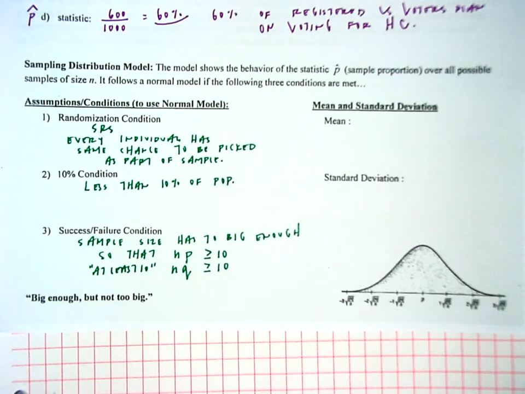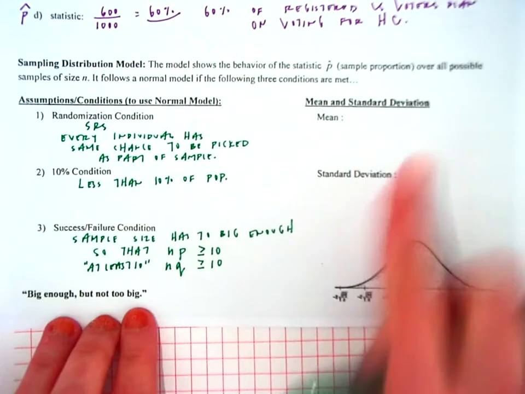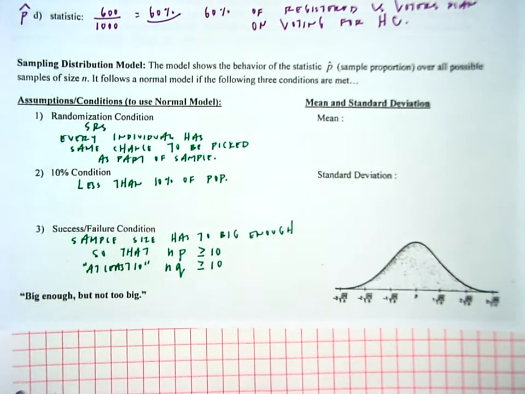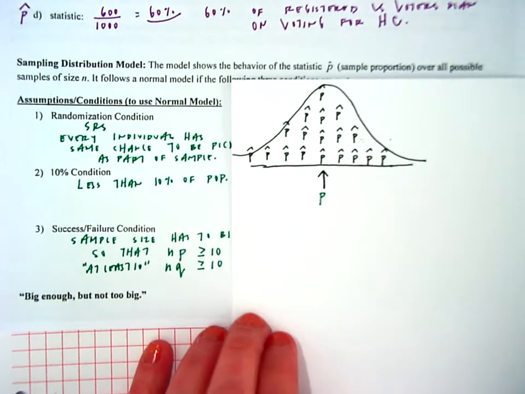All right, so then when we're getting our mean and our standard deviation, let me go back to here. If all these conditions are met, and I'm looking at my distribution of all these different statistics, where would the mean fall? What would be the expected value? Well, I'm expecting it to be here. The true proportion is really the same as the average of all the statistics.